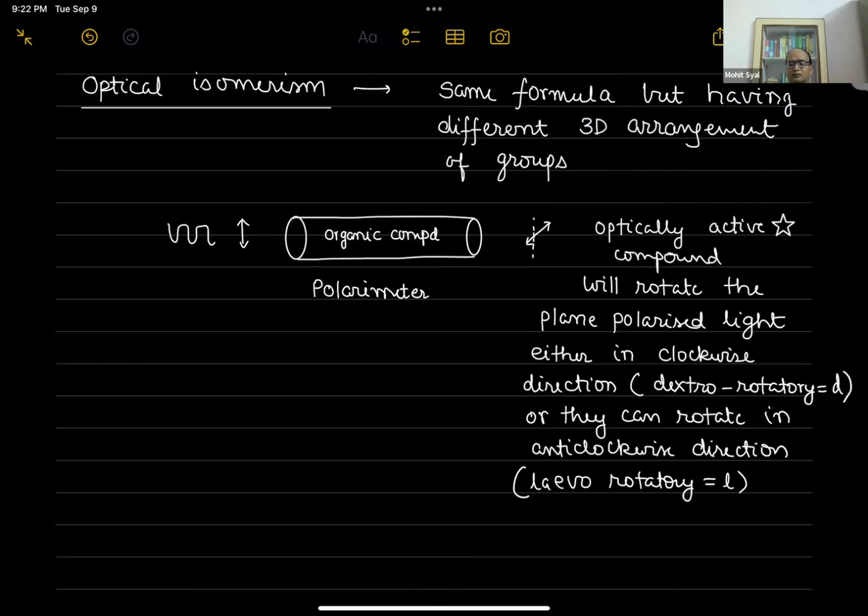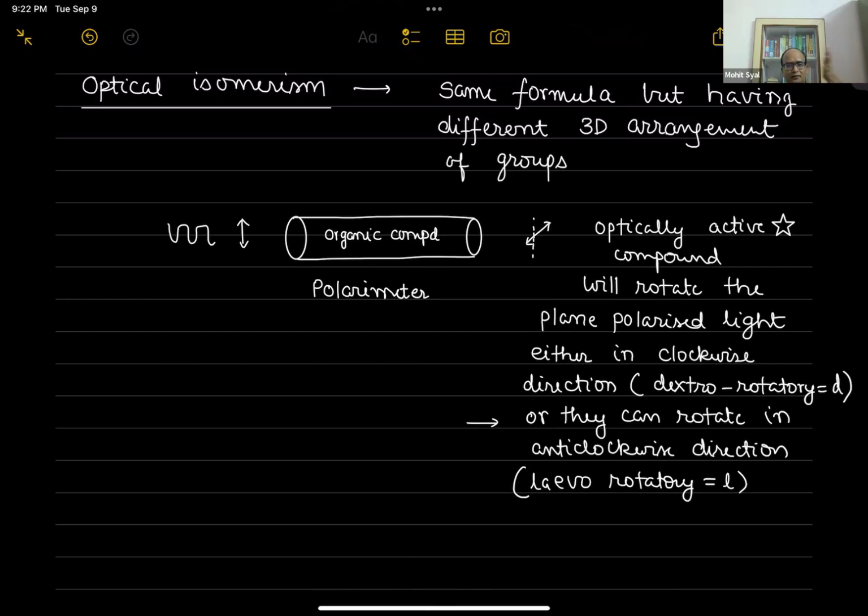Optically active compounds will rotate the plane polarized light either in clockwise direction, dextrorotatory, or you can call them by small d, right? Or they can rotate it in anti-clockwise direction.